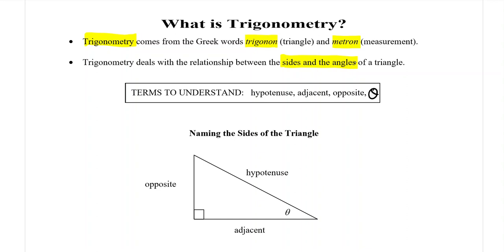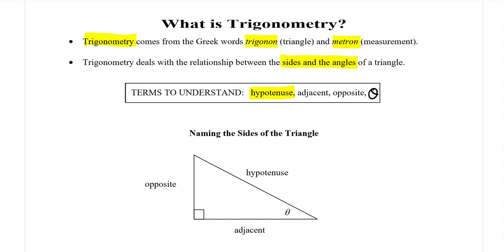Last time we had a weird word, which was hypotenuse, which we're still going to use for trigonometry. We still have a hypotenuse, and it is still the longest side, but we also have to give proper names to the other sides as well.